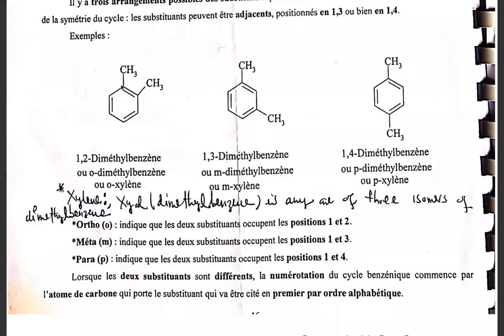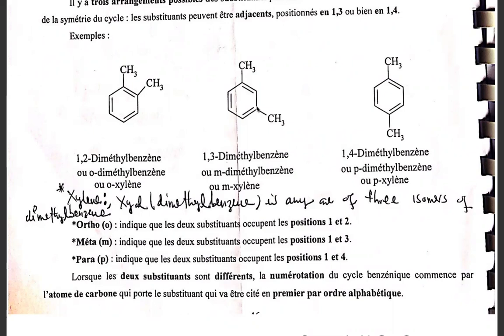For meta it will be at position 1, 2, 3. It is never going to be like that, never, ever. It's the lowest index possible. It will either be 1, 2, 3, or 1, 2, 3.